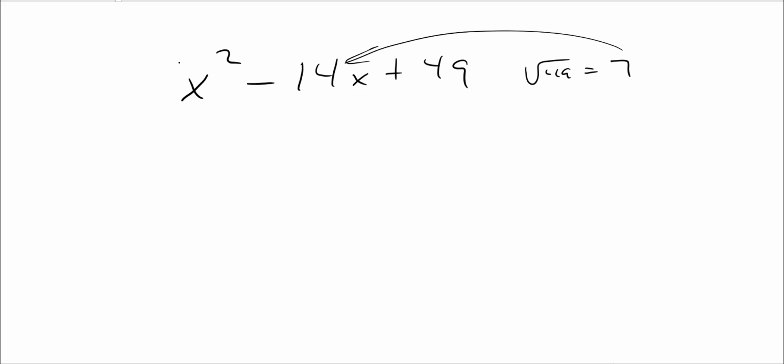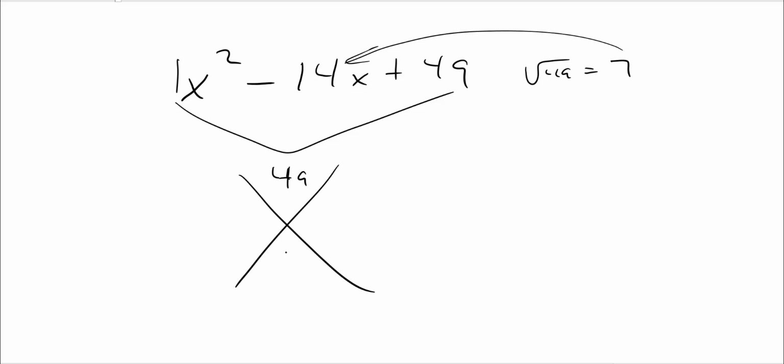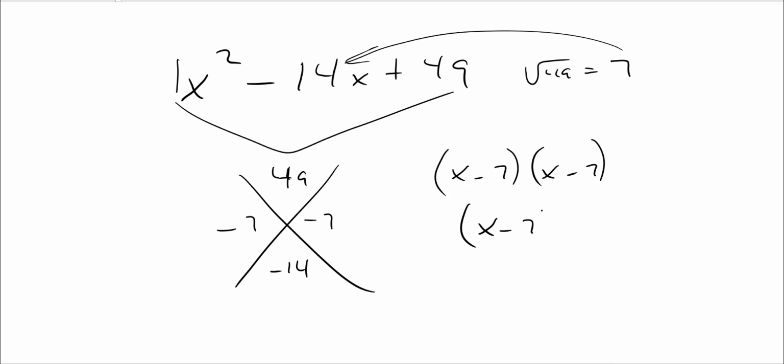Okay, so let's go ahead and factor this. 49, and negative 14. Of course, it's going to be negative 7 and negative 7. So that means it's going to be x minus 7, x minus 7, and then you want to write this as x minus 7 squared. Okay, that's your final answer. So it's that quantity squared if it's the same term. You've got to write it as that quantity squared, though. It's important. Okay? All right, so that's pretty easy.